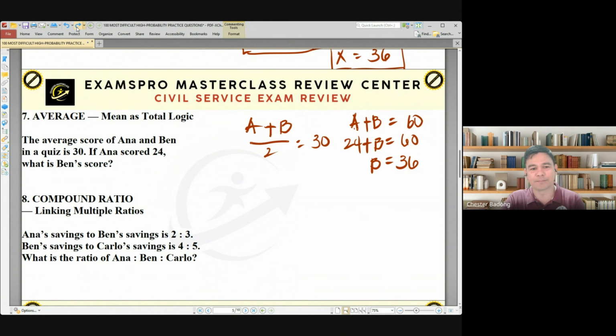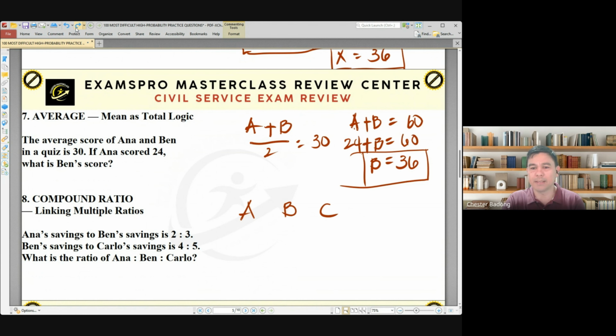Okay, next one po. Anna's savings to Ben's savings is 2 is to 3. Ben's savings to Carlos' savings is 4 is to 5. What's the ratio of Anna, Ben, and Carlos? Tatlo po ano? Gawa po tayo ng table. Okay?